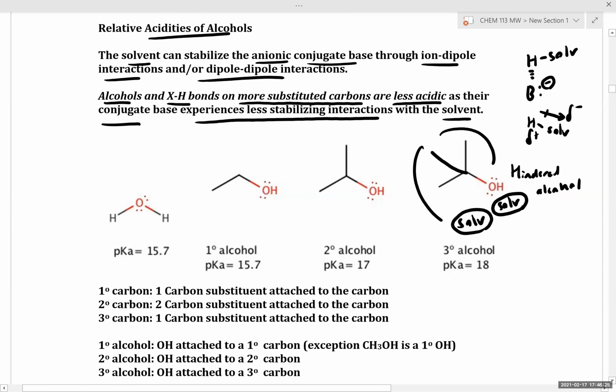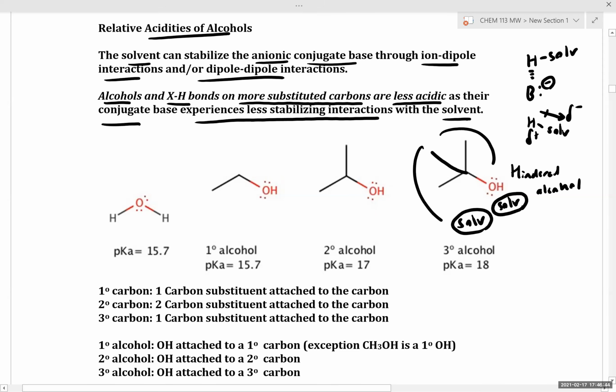It's very difficult, right? There's less space for our solvent to approach and access our conjugate base. The alcohol is more sterically congested, and as a result, the alcohol experiences weaker and diminished interactions with the solvent.